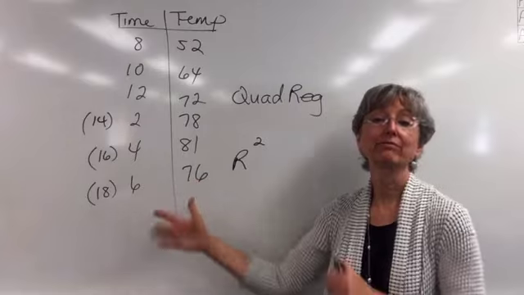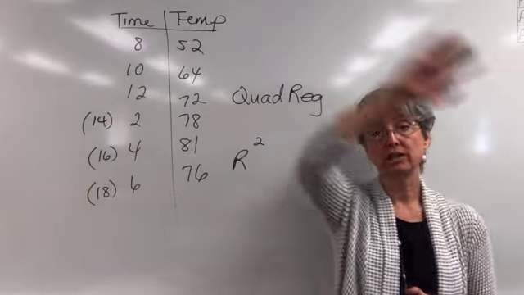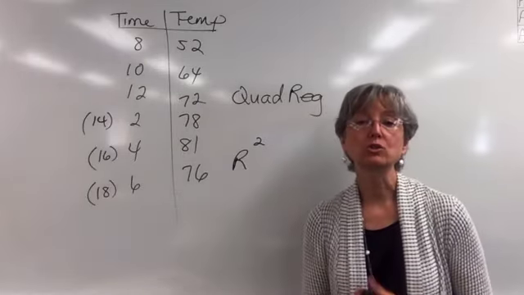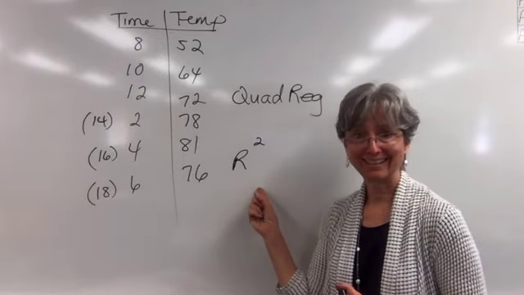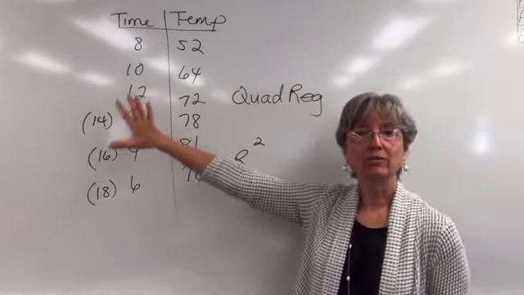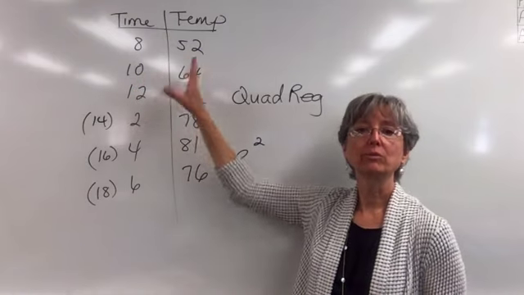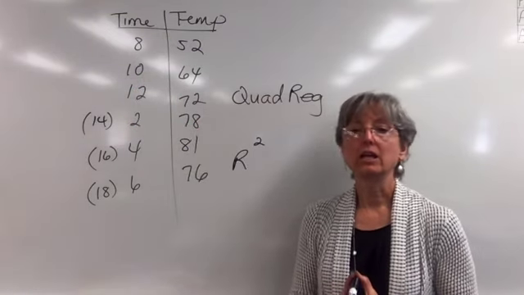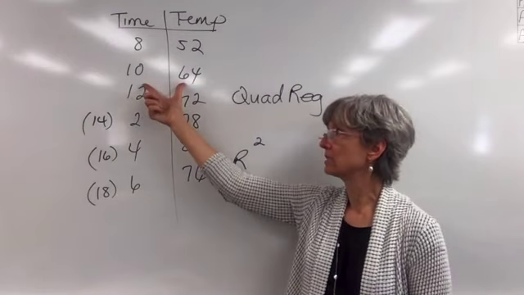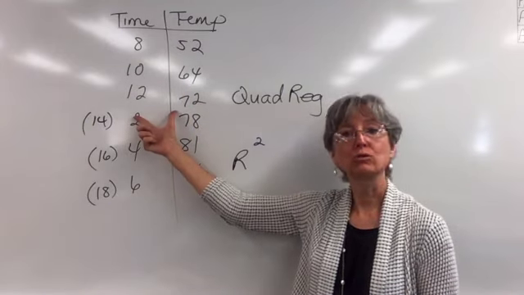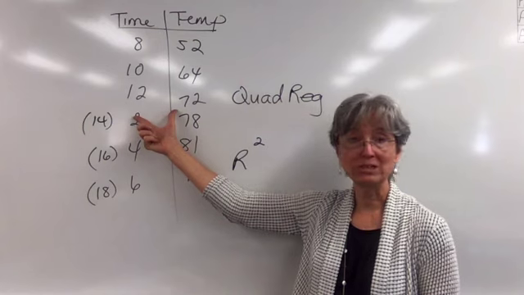This tells you how close this is to actually being a quadratic. Does this data fit make a nice quadratic shape? The closer that number is to 1, then the more it does. And this is like 0.99999. Now, this saves you from doing it the other method. If you don't have a graphing calculator, you could treat these as 3 ordered pairs and do 3 equations, just like we did before.